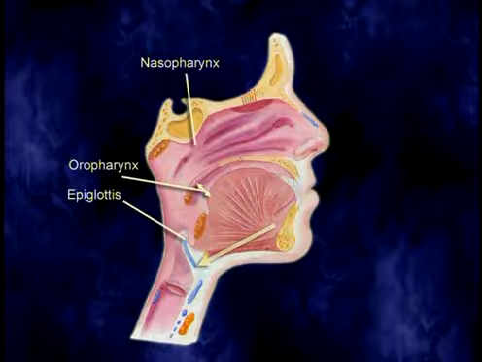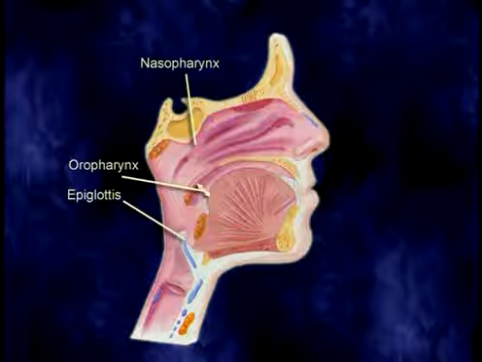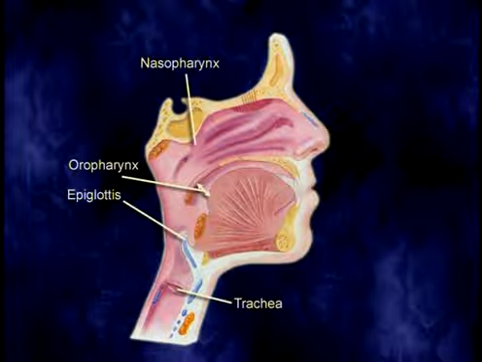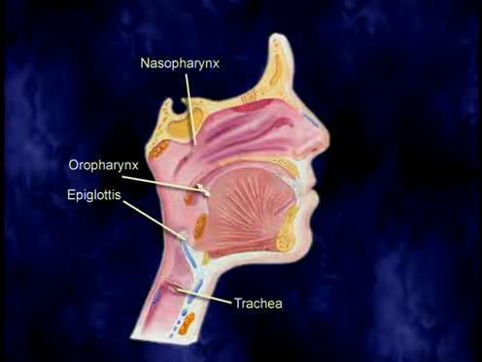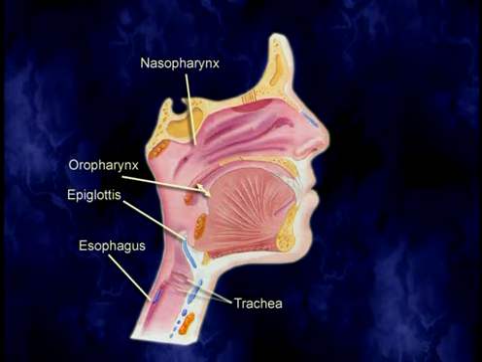It's covered with mucous membrane also, just like the rest of the cavity is. When we swallow, what happens is the trachea, which is right here, here's the opening to the airway, which is in front of the esophagus, this little slit is the esophagus, rises up to meet the epiglottis.